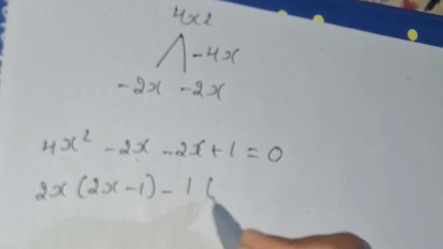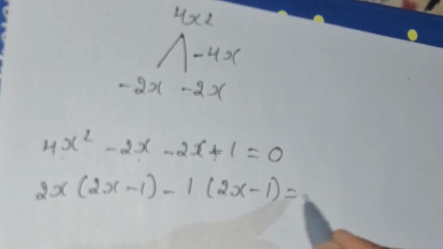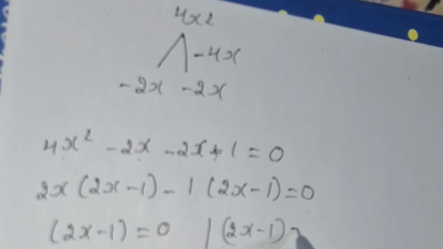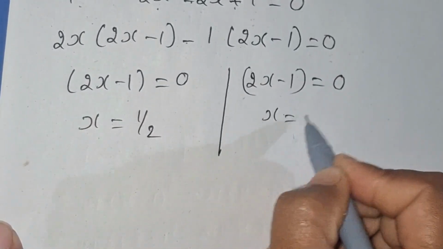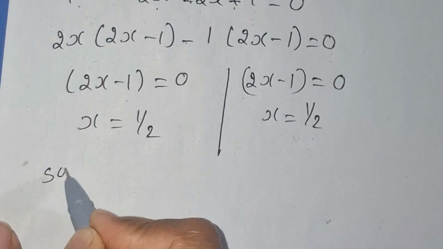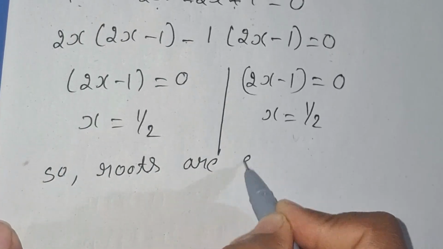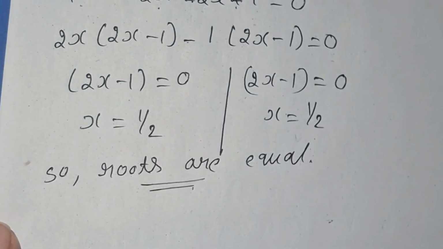Take minus 1 as the common, 2x minus 1 equal to 0. When a repeated term is there, we write only once. So x equal to 1 by 2 and x equal to 1 by 2. So roots are real and equal.